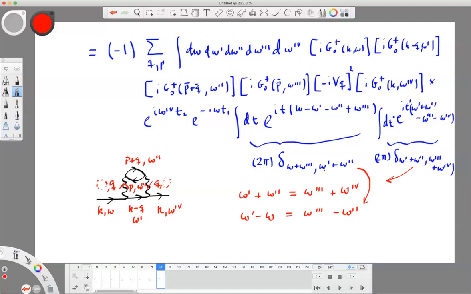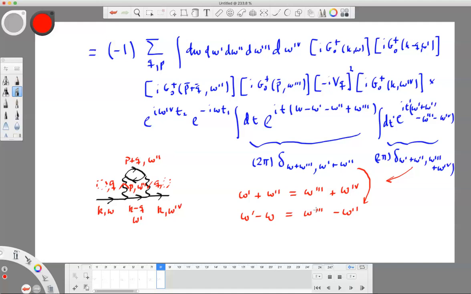I just move this omega prime to this side and the omega triple prime to the other side. I moved this omega to this side, so omega prime minus omega, and we move the double prime to this side, so we have omega triple prime minus omega double prime. Is this clear?